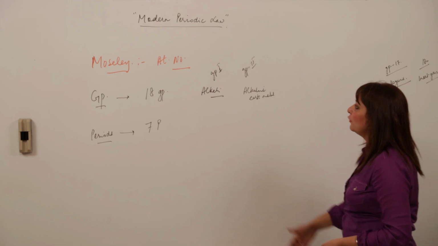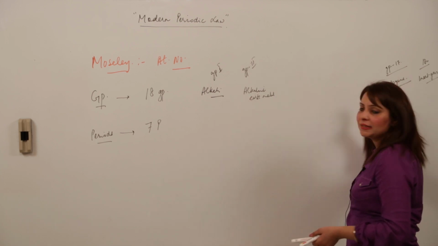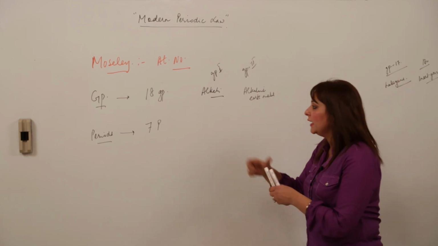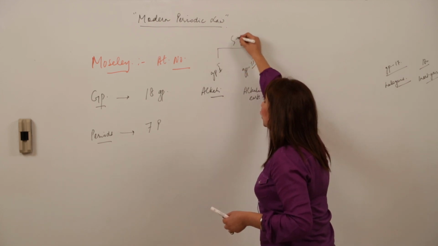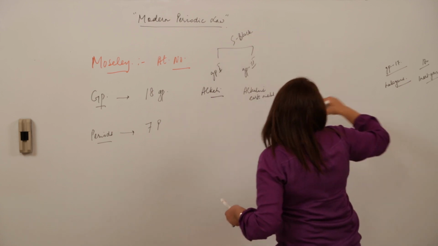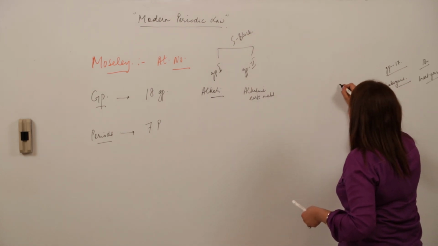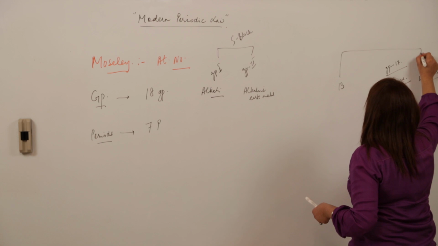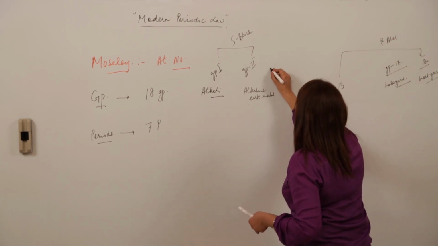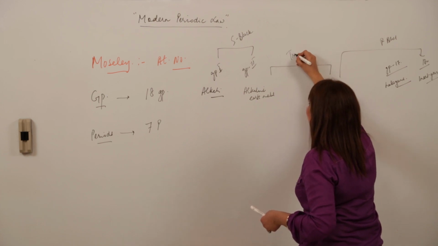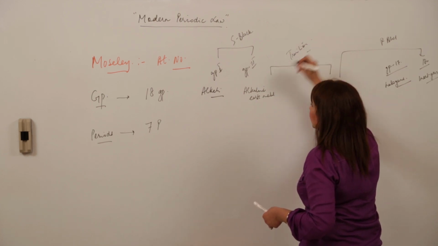So likewise, we have group 1 to group 18, right? Groups 1 and 2 come under the S block, and groups 13 to 18 come under the P block, and groups 3 to 12 are the transition element groups, which consist of metalloids.